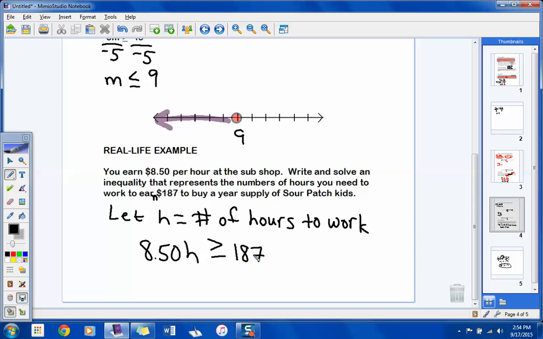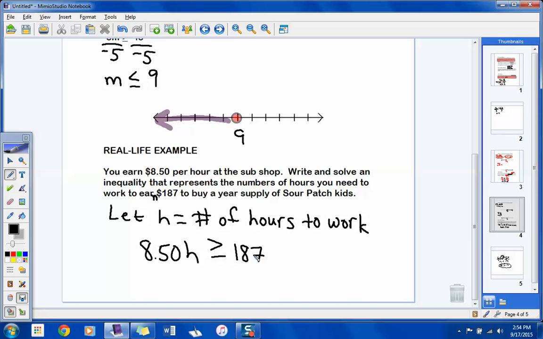So how am I going to solve that now, guys? We've been talking about setting up inequalities where you have to use the inverses for multiplication and division. So when you model a problem with an inequality, you better have some multiplication or division going on, I would hope, right? Otherwise, I've wasted your time. 187 divided by 8.50. Anybody have a value there? 22.